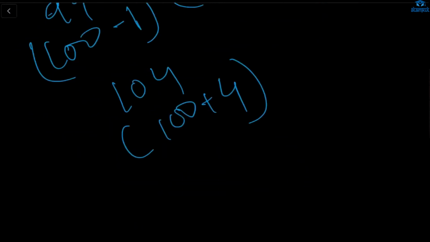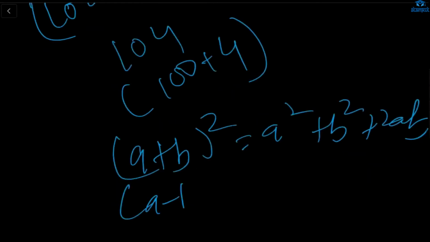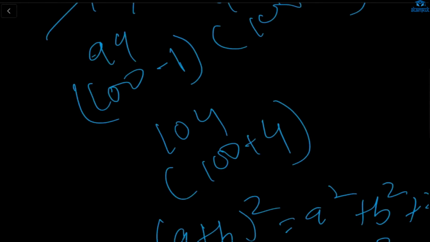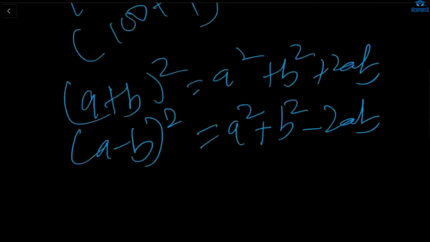Doing this, you can calculate it by using the formulas. A plus b whole square is equal to a square plus b square plus 2ab, and a minus b whole square is a square plus b square minus 2ab.